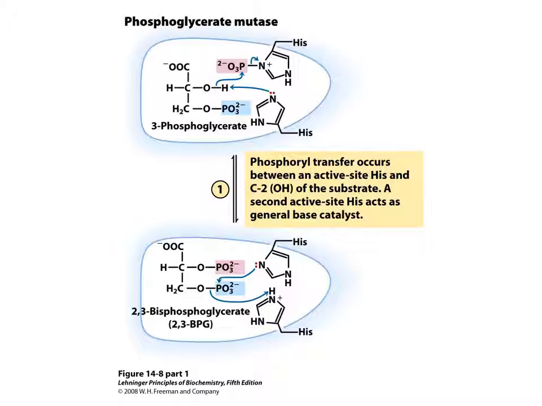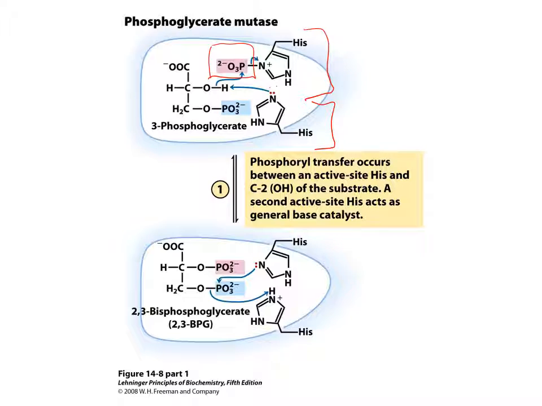Now this is a very interesting reaction because in the enzymatic site of phosphoglycerate mutase we have 2 histidine residues, one of which carries the phosphate and the other one has 2 free valence electrons on a nitrogen.